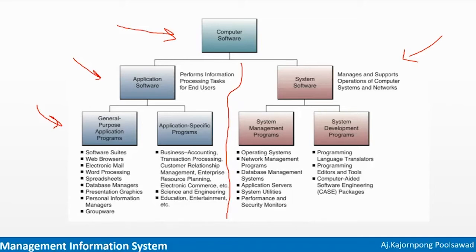Another one is the networking management program, database management system, application server, and system utility, which performs as a security monitor. For the system development programs, there are program language translators, program editors, and computer and software engineering CASE packages. That is for the programmer side.